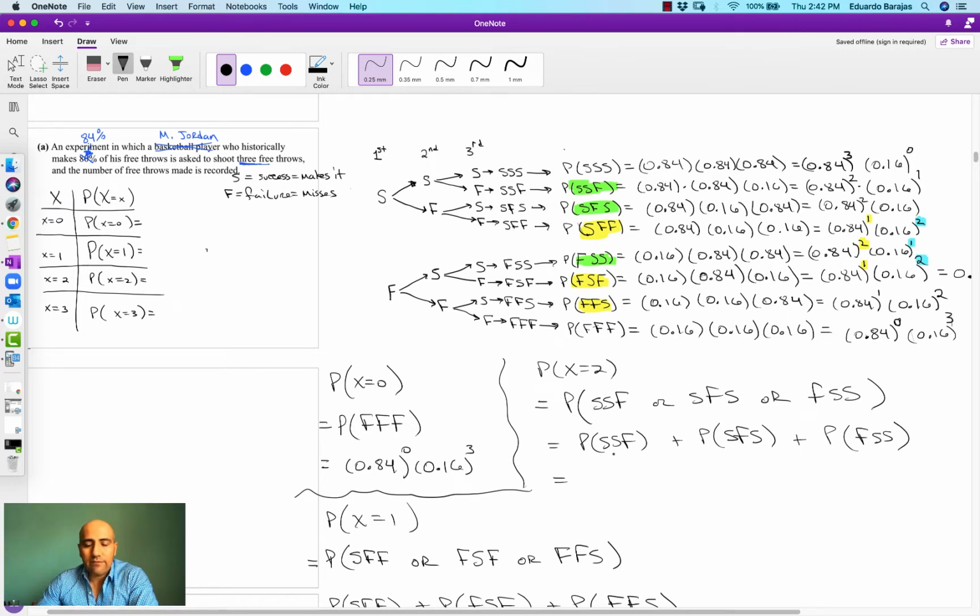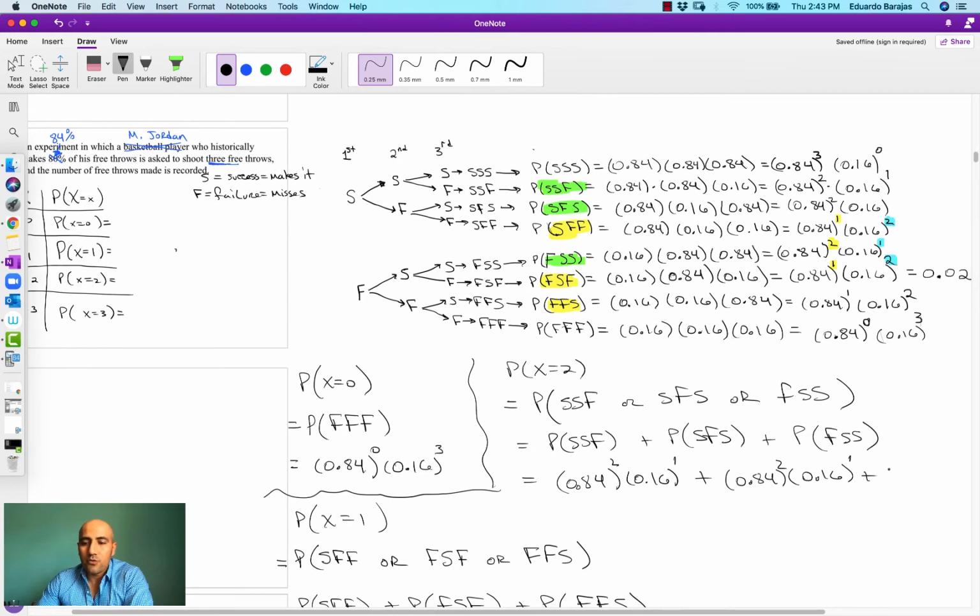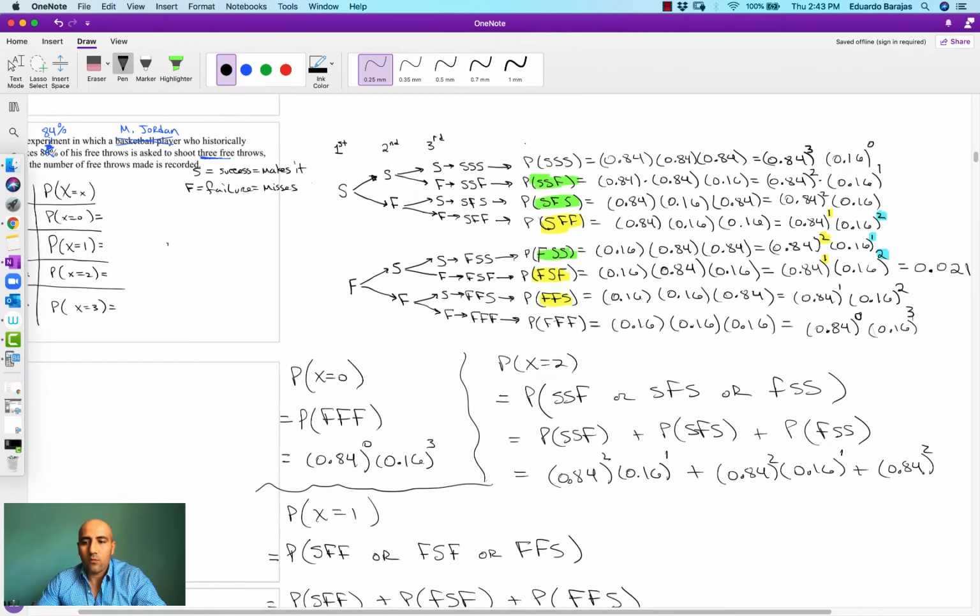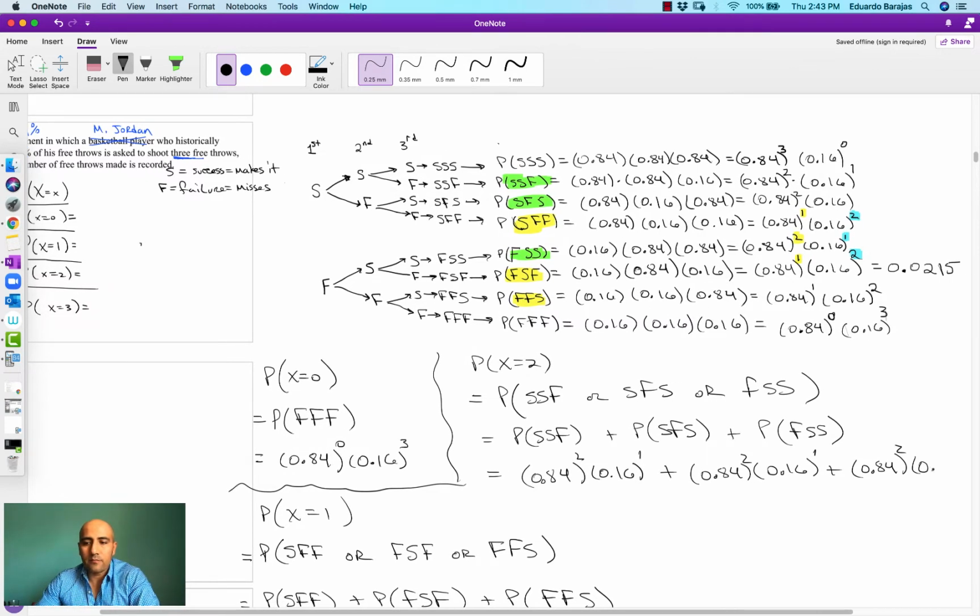And so we see that for this case, there are 2 copies of the success times 1 copy of the failure, plus, again, 2 copies of the success, 1 copy of the failure. And finally, same thing, there's going to be 2 copies of the success and 1 copy of the failure.